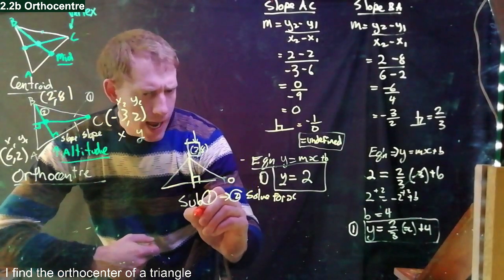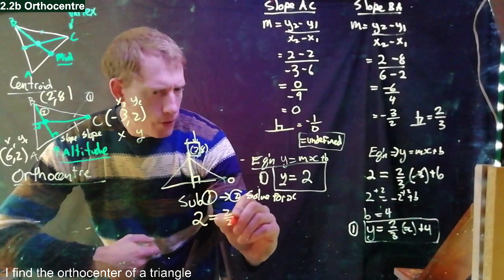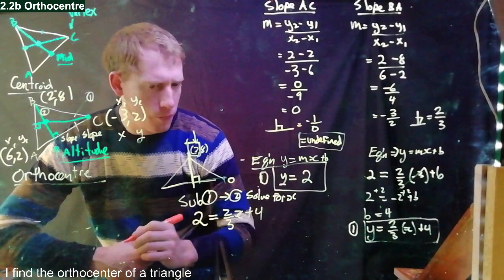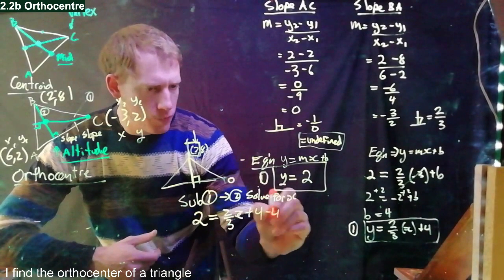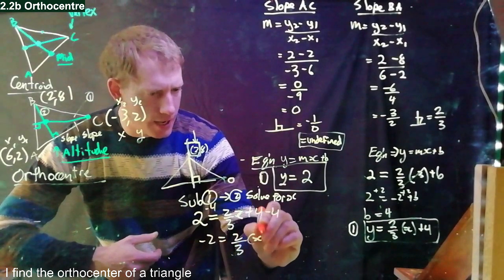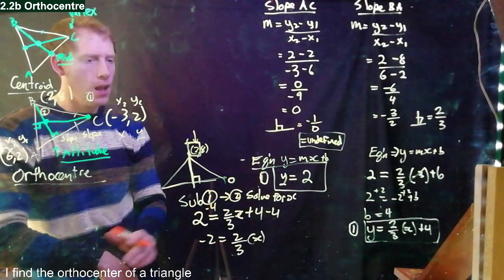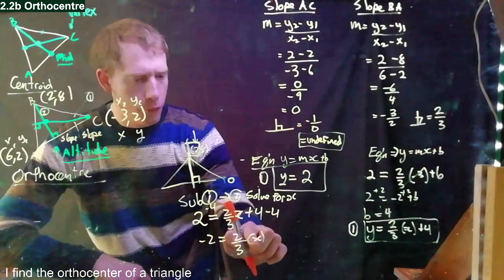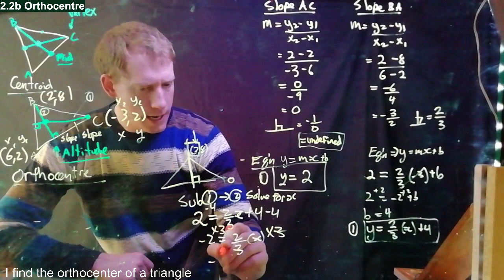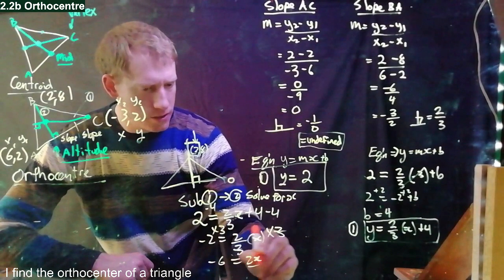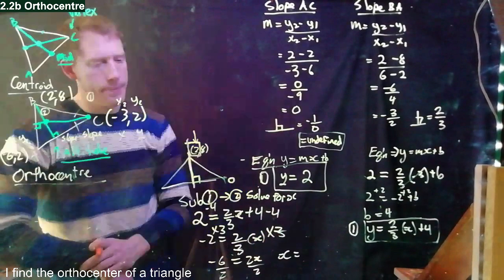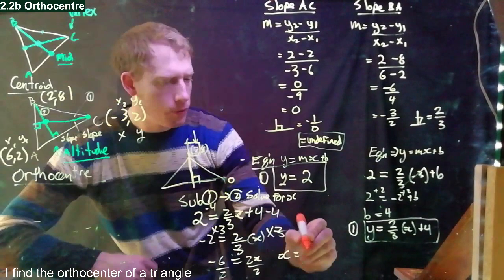So therefore we have 2 is equal to 2 over 3 x plus 4, and I want to solve for that. 2 minus 4, negative 2, is equal to 2 over 3 times x. I want this x, so I'm going to multiply. So negative 6 is 2x divided by 2. x is equal to negative 3.